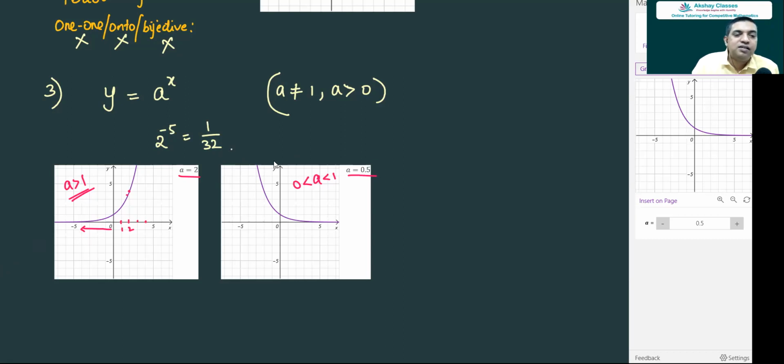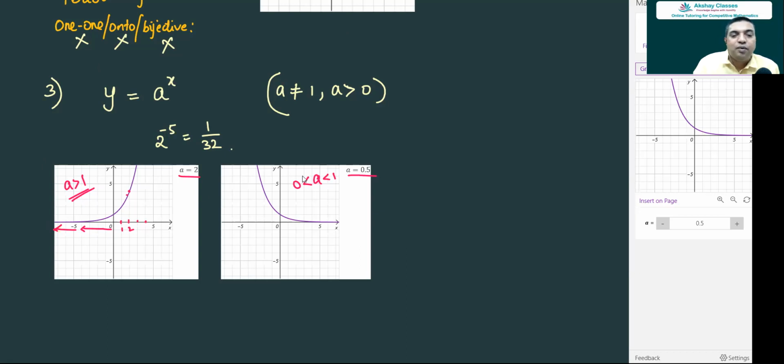And when x is equal to -10, it is 1 by 2 power 10. And so on. As x keeps decreasing, the value almost goes to 0, but never equal to 0. A power x will never be equal to 0.